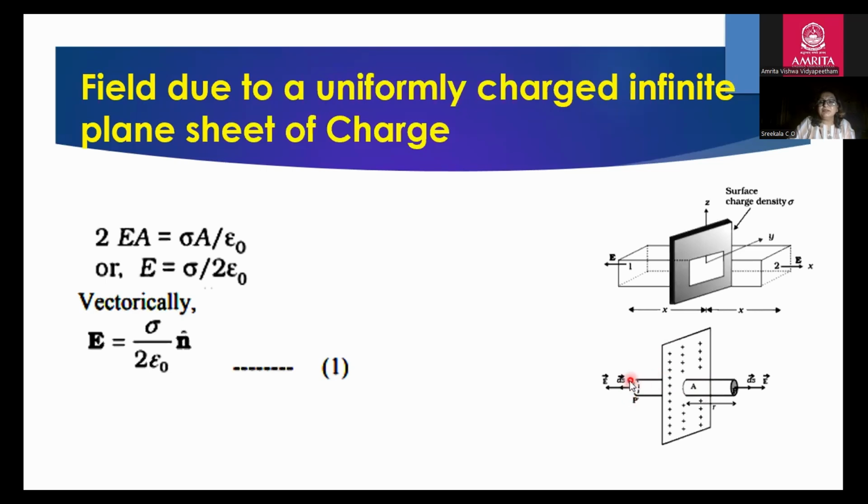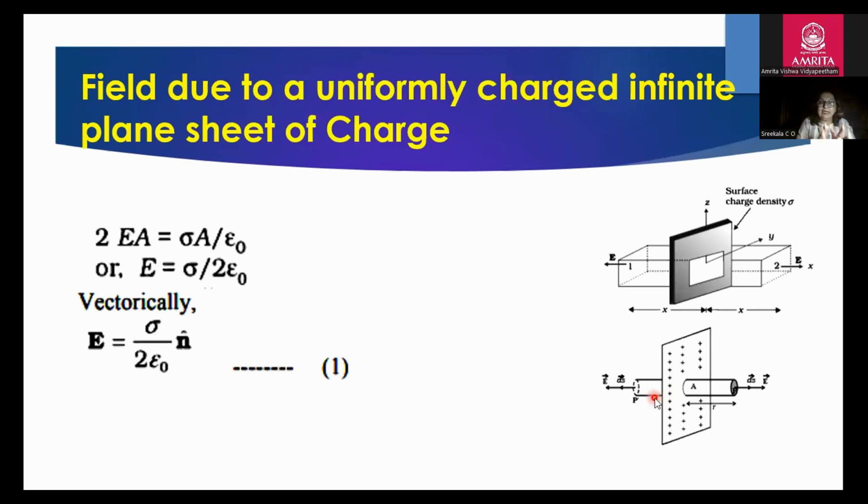So when you consider this Gaussian surface, you will get only one side; the other side will be inside that book.